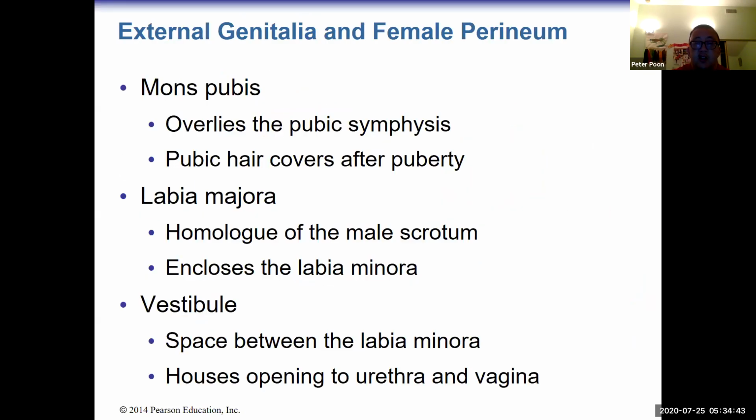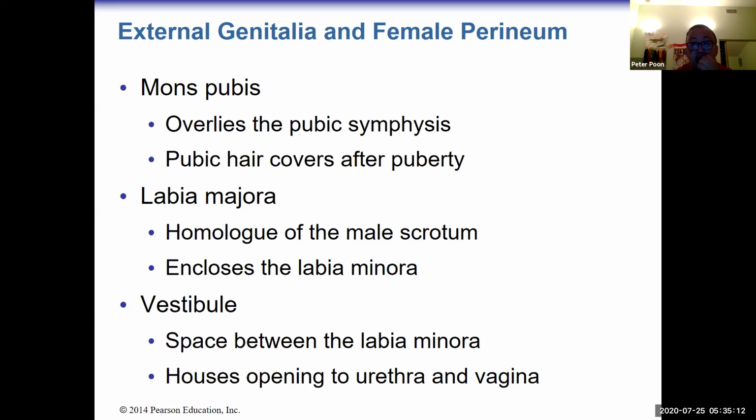Okay, the external genitalia. The external genitalia together in the females is usually called the vulva. It consists of the mons pubis, the labia majora, and the vestibule. The mons pubis, pubic mound, is just a layer of fat that overlies the pubic symphysis where the pubic hair is.